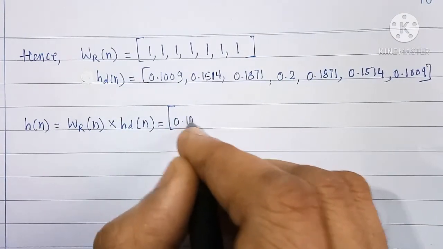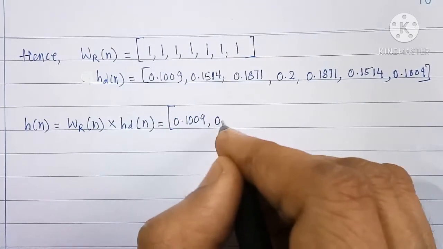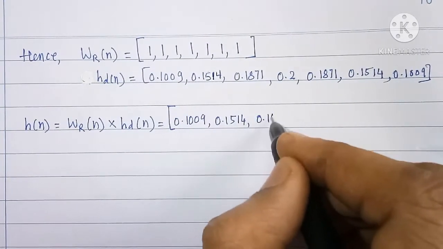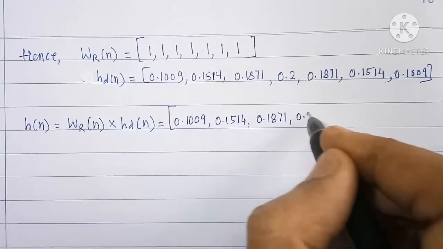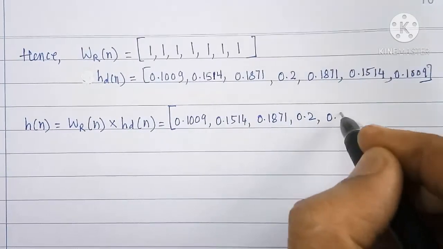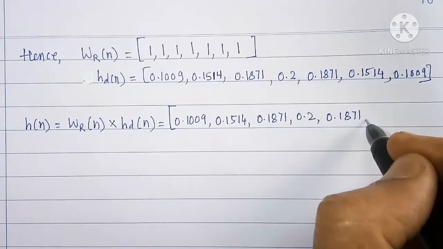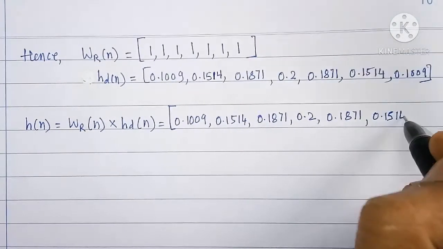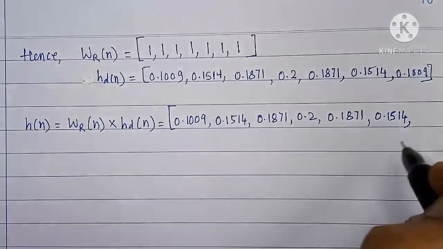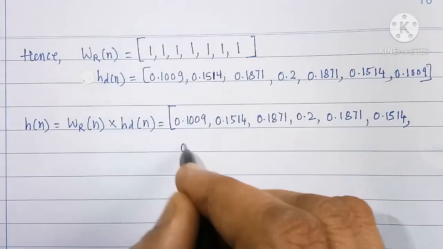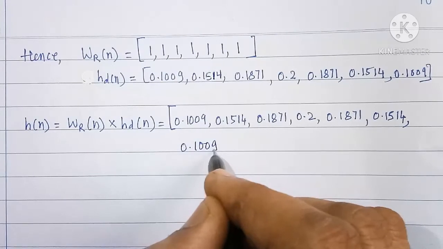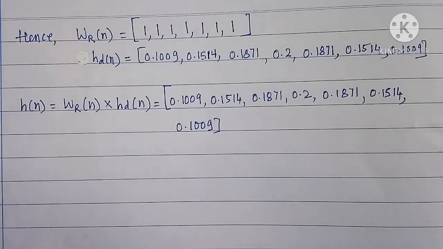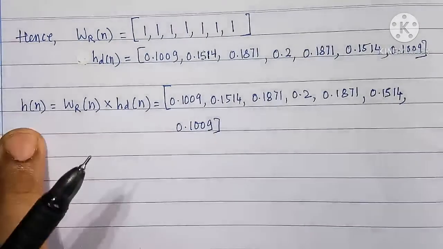So 0.1009, 0.1514, 0.1871, 0.2, 0.1871, 0.1514 and 0.1009. Next step, we have to find the Z transform of H of n.